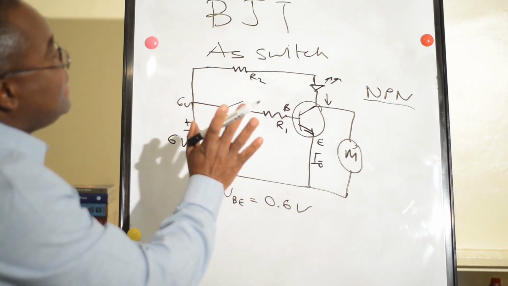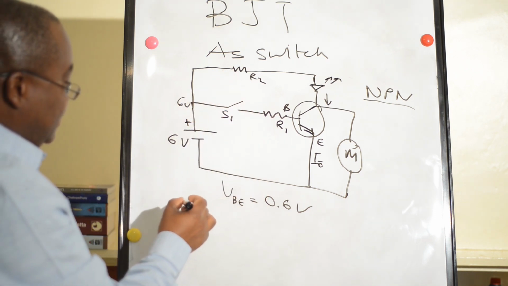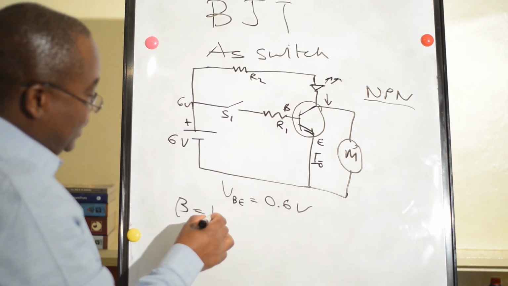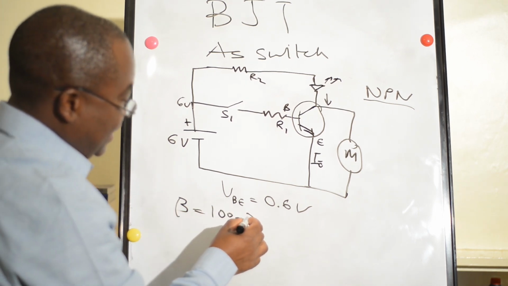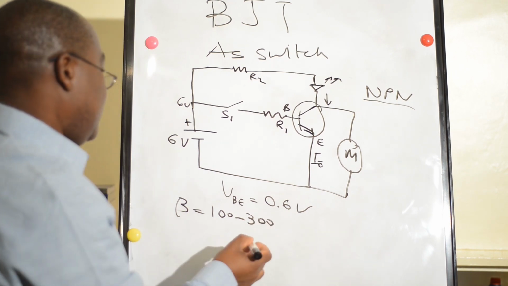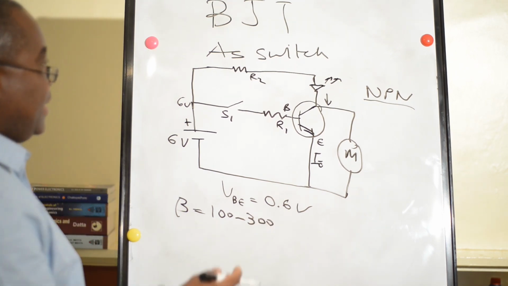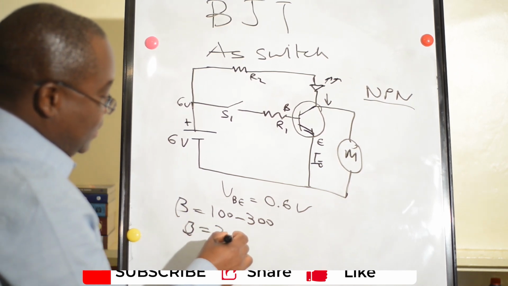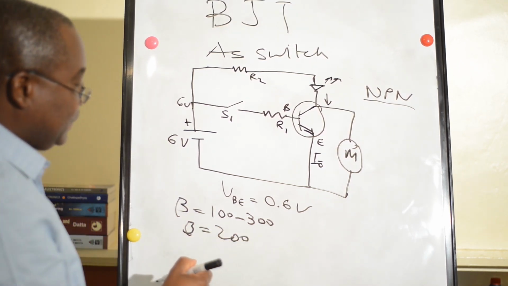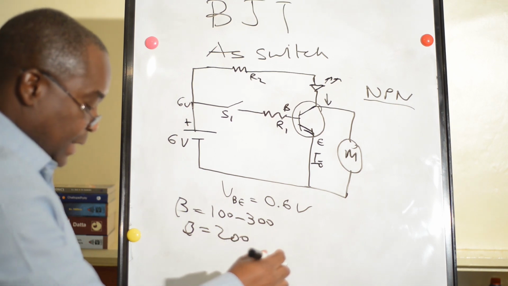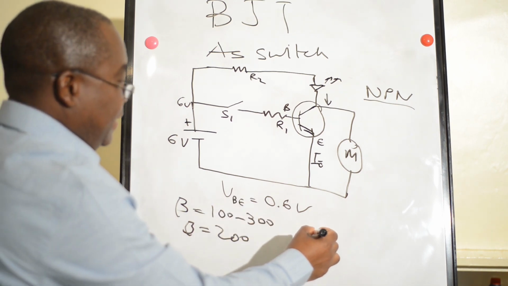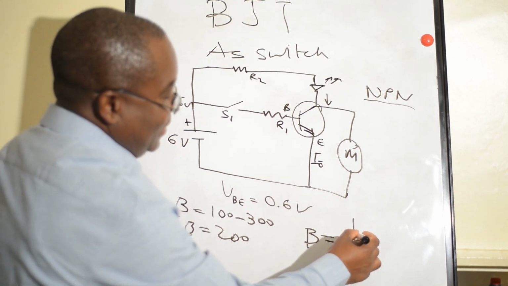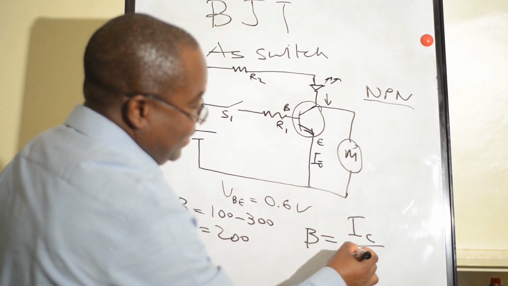In transistors, the current gain, or the beta, is between 100 to 300. In our calculation here, we'll use beta as 200. The beta, or current gain, is equal to IC over IB.